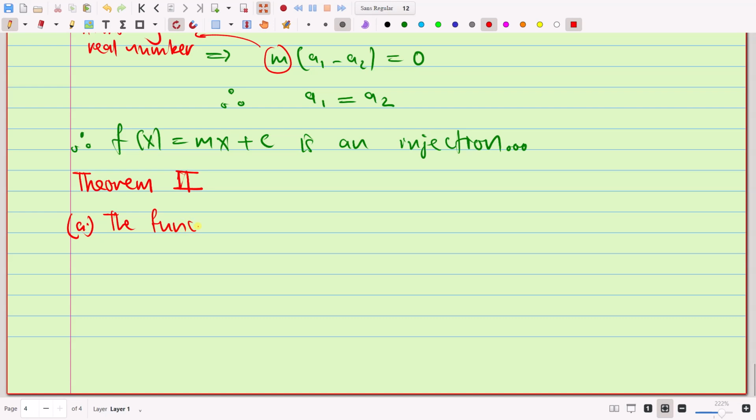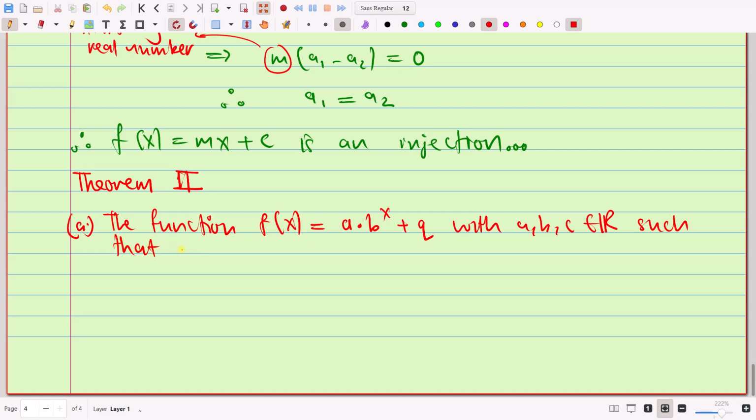The function f of x defined by a times b to the x plus q, with a, b, q elements of real numbers such that a is never equal to 0, b is not equal to 1, and b is greater than 0, is injective.